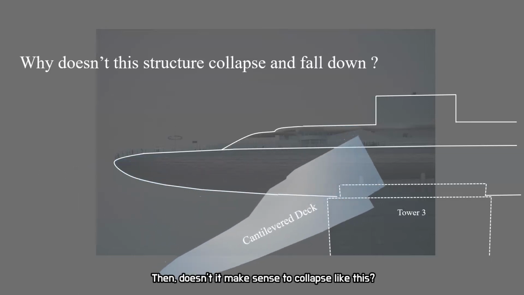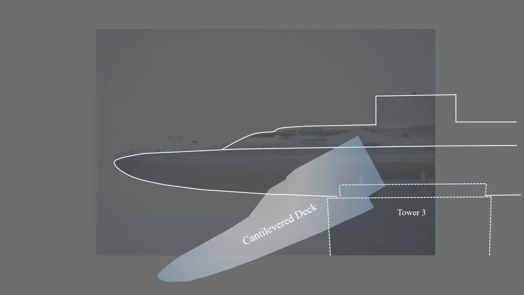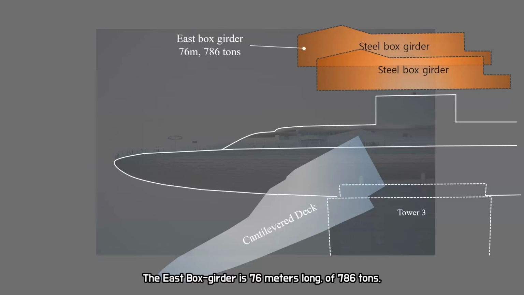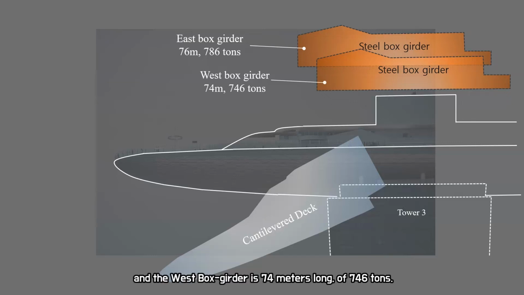Then, doesn't it make sense to collapse like this? Why doesn't this structure collapse and fall down? The answer is the steel box girder. The east box girder is 76 meters long, of 786 tons, and the west box girder is 74 meters long, of 746 tons.